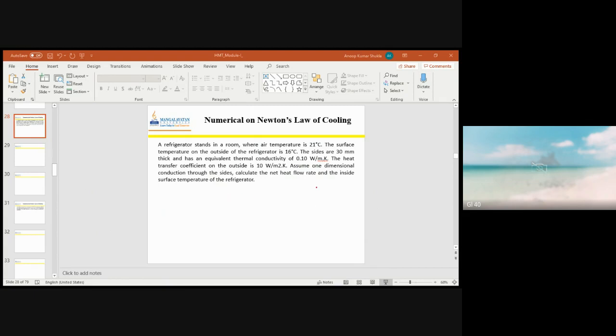As given in this problem, there is a hot plate, and the thickness of this plate is given as dy, and the surface temperature Ts is, Q convection.